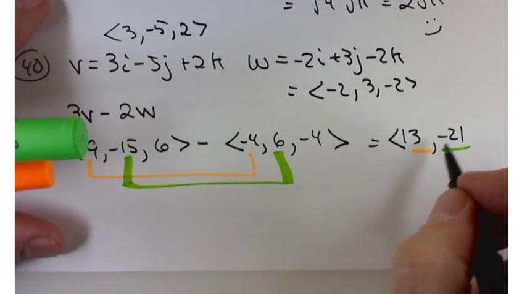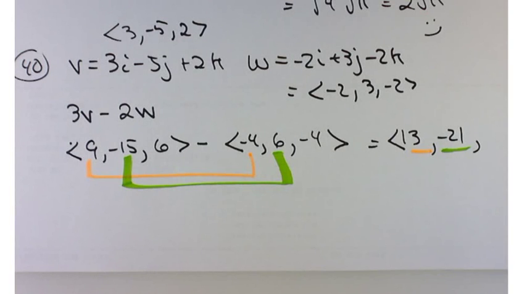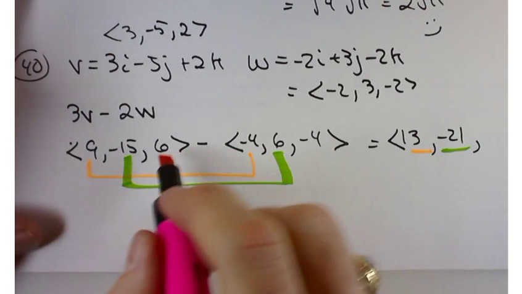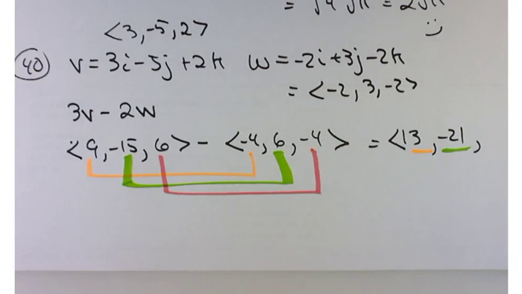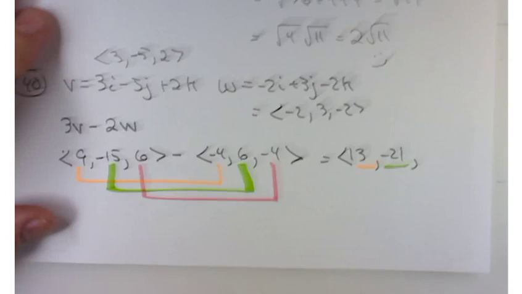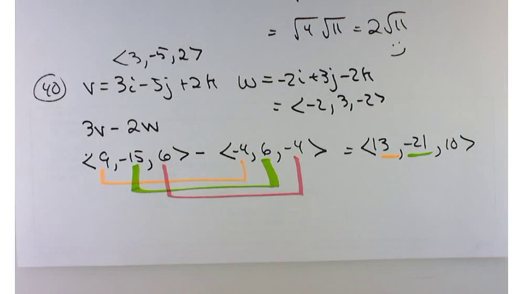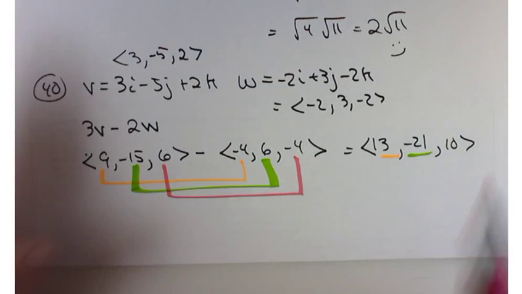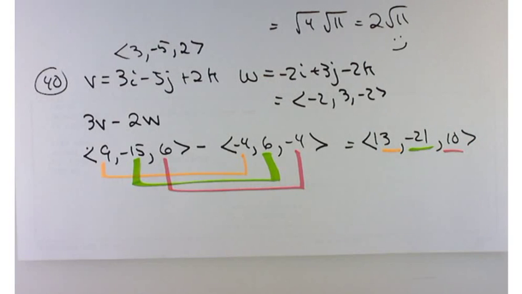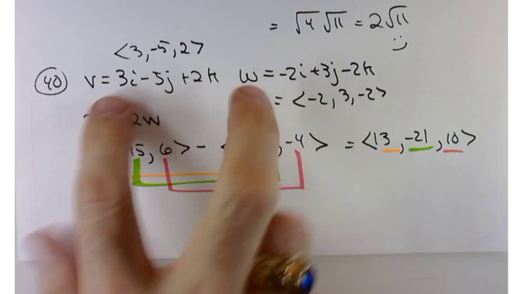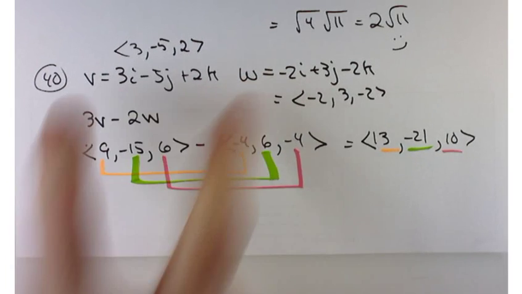And last but not least, 6 minus negative 4. Good thing we're working in 3 dimensions, otherwise I'd run out of colors here. The last one would be 10. So nothing really too onerous here, I hope. Just a little linear combination of vectors v and w.